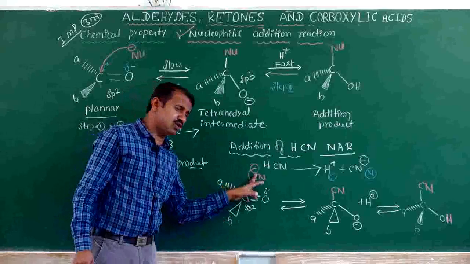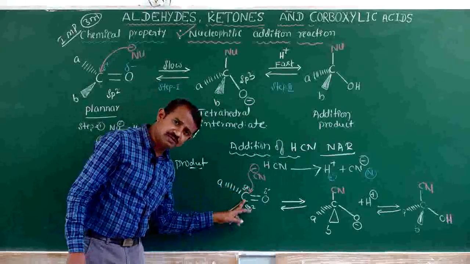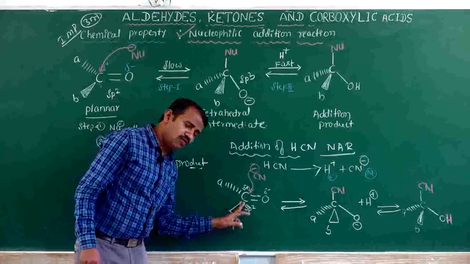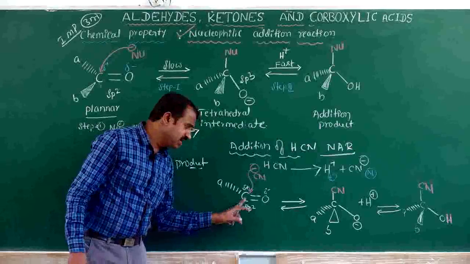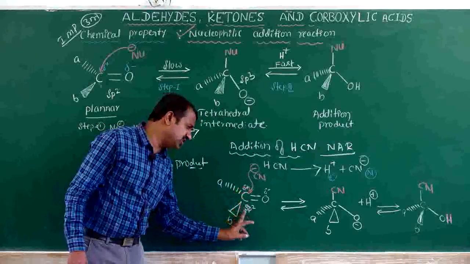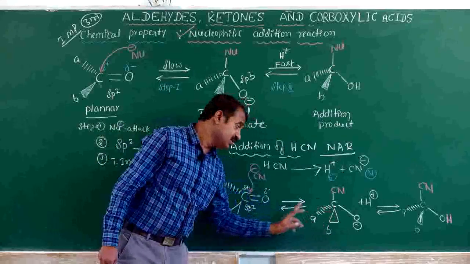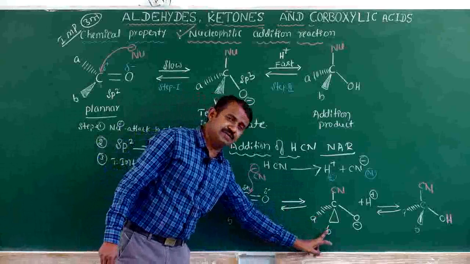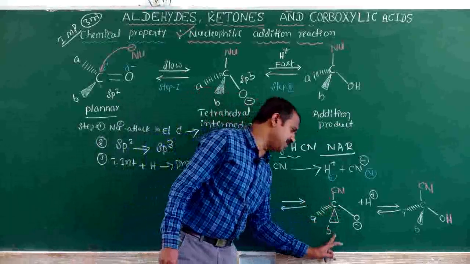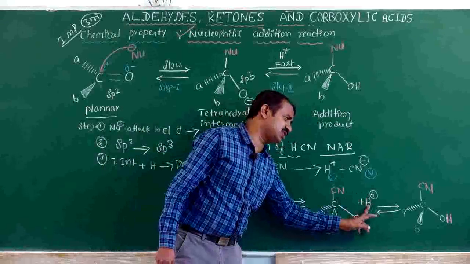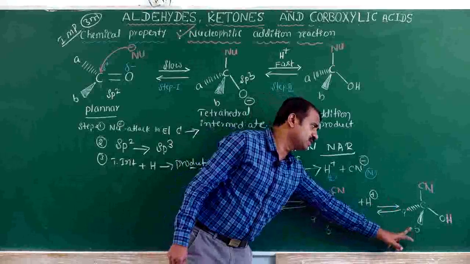First point, the cyanide nucleophile attacks the electrophilic carbonyl carbon. Second point, the hybridization changes from sp2 to sp3. Third point, an intermediate is formed. The alkoxide intermediate reacts with acid to form the product.